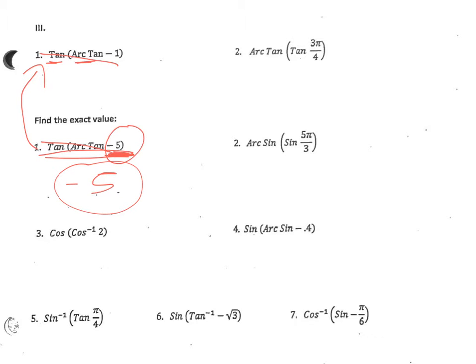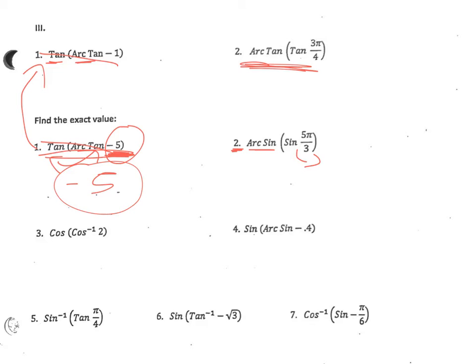It's only when these are switched, like this one, that you have to think a little bit and work inside to out. Okay, and 2 is kind of an example. These are switched. The arcsine's on the outside, so I'm going to work with this on the inside. So sine of 5 pi over 3, that's in the 4th quadrant, so it's negative, and that's going to be -√3 over 2.